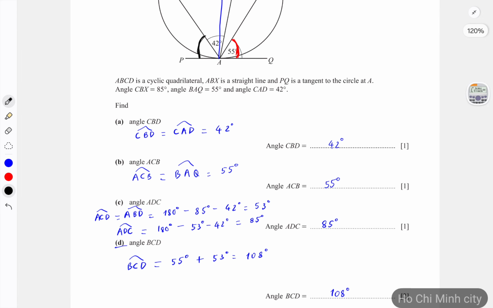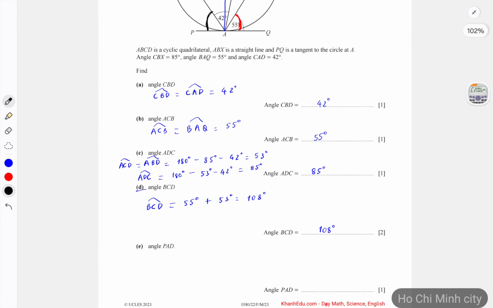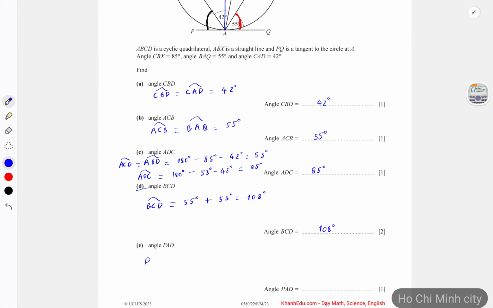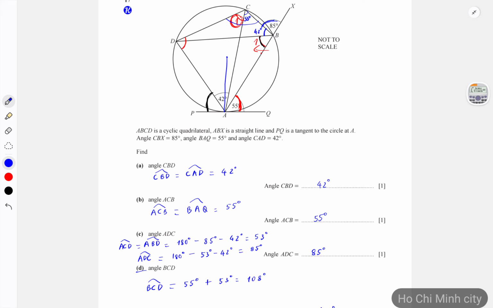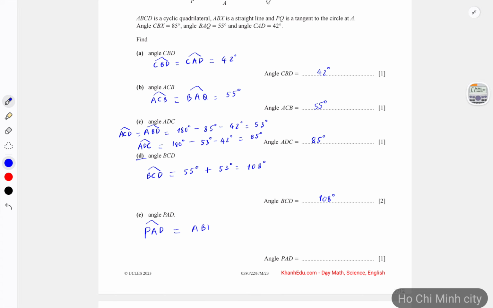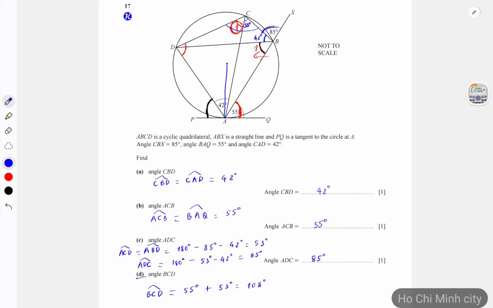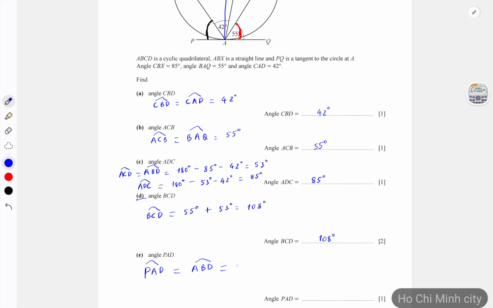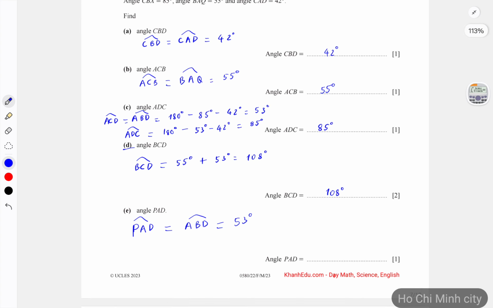So we will write down here: PAD is equivalent to ABD. And ABD is going to be 53. All right, so the angle PAD is 53 degrees.